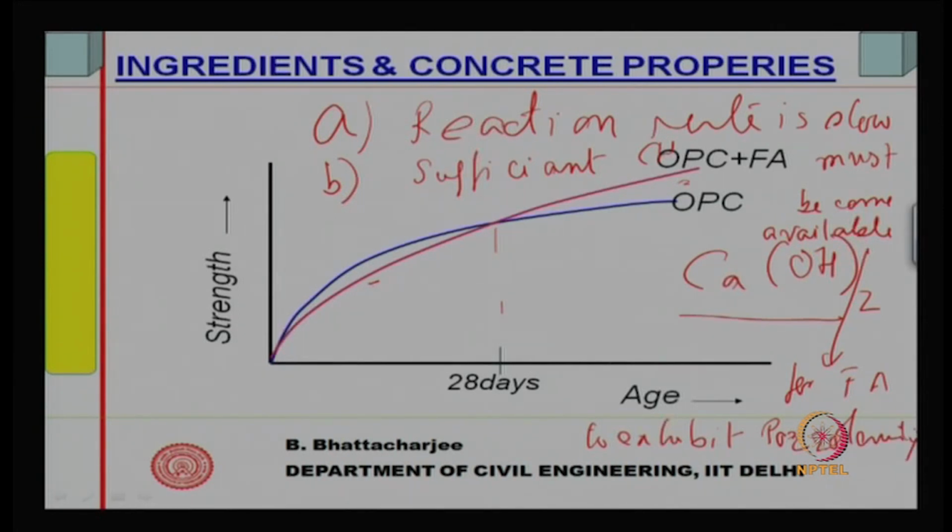So, I must have a sufficient amount of lime in the system, and therefore, in the first 10 days I do not see any strength gain. In fact, if you see the same 28 days strength, early strength is much less. So, this is the case with blended cement or fly ash addition.